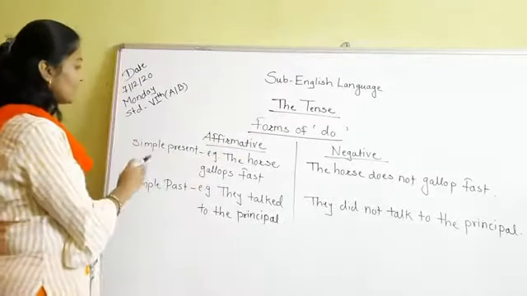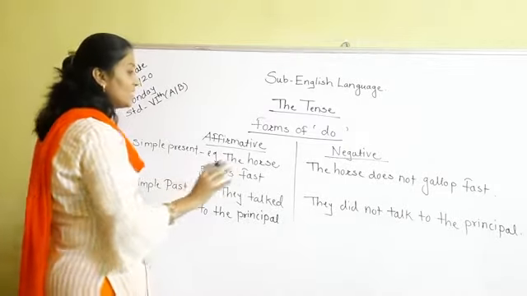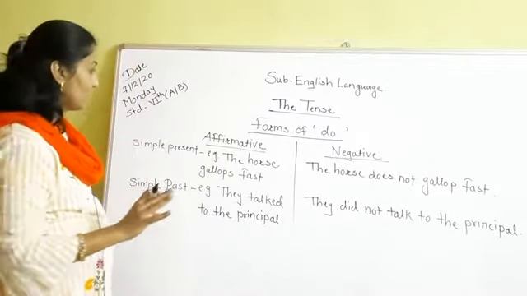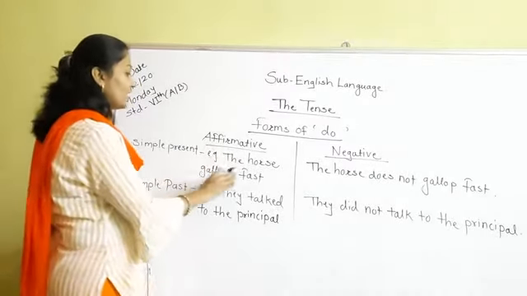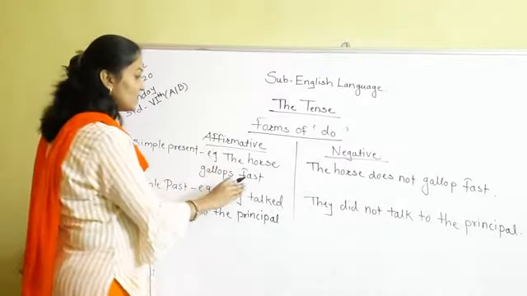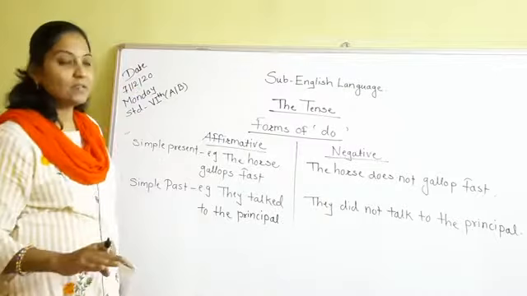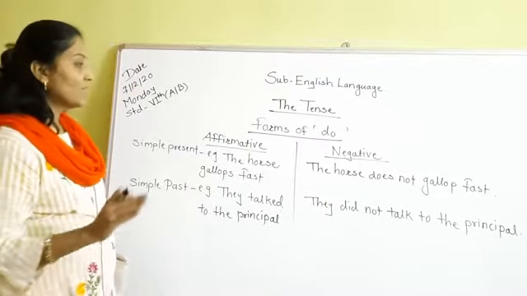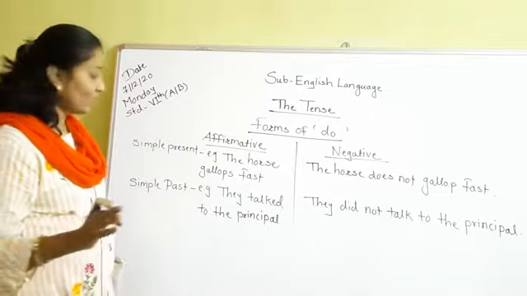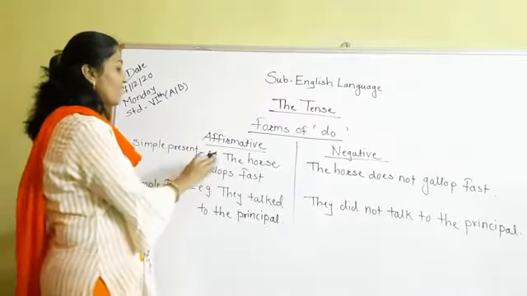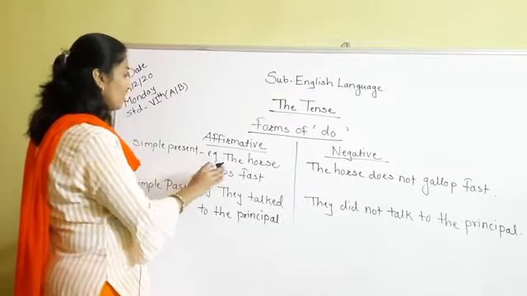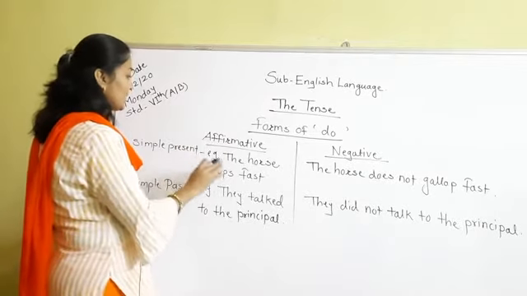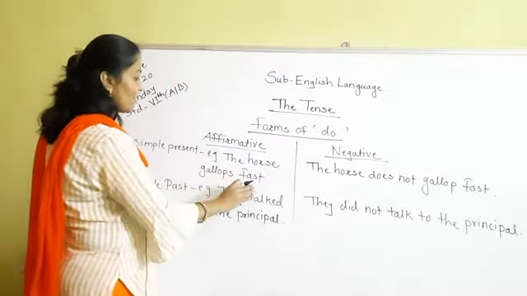We have not used not in this sentence. So this is our affirmative sentence. The sentences in which we are using not are known as negative sentences. This is of the simple present tense: the horse gallops fast.